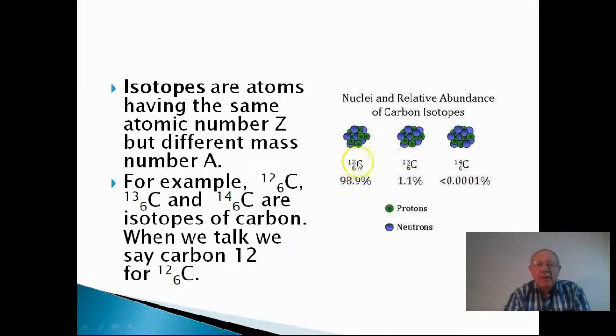It's got a mass number of 12, which would mean, of course, 6 from 12 gives us 6 neutrons. Over here, carbon 13, got 7 neutrons. Here, carbon 14, 8 neutrons.